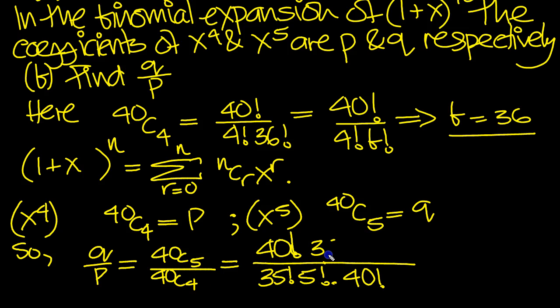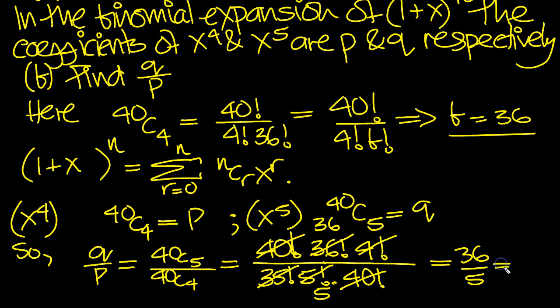So it will be 36 factorial times 4 factorial. So the 40 factorials will cancel, this will cancel with that because it will just leave the 36, and the 4 factorial will cancel with the 5 factorial, just leaving 5. So it's 36 over 5.